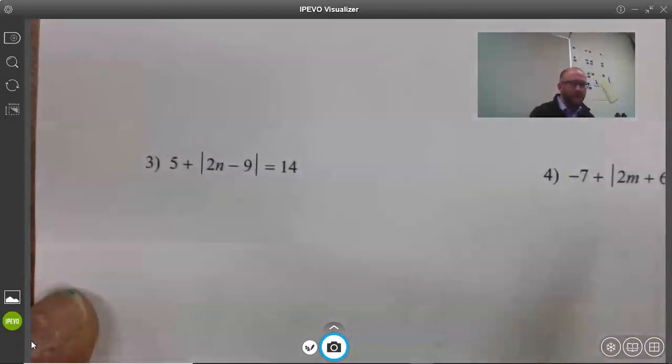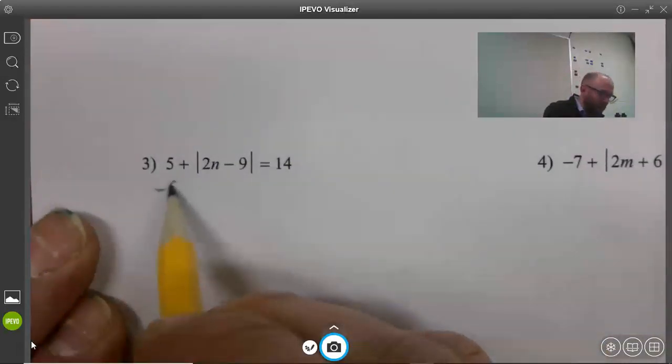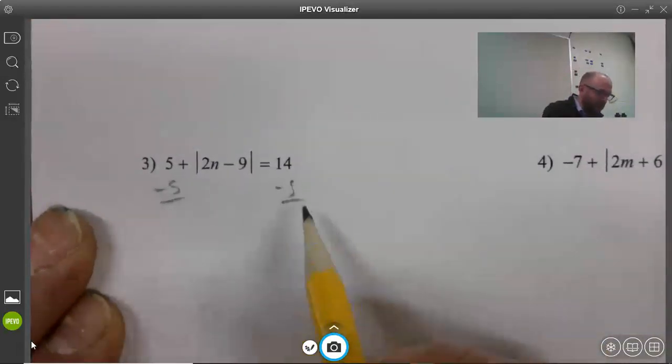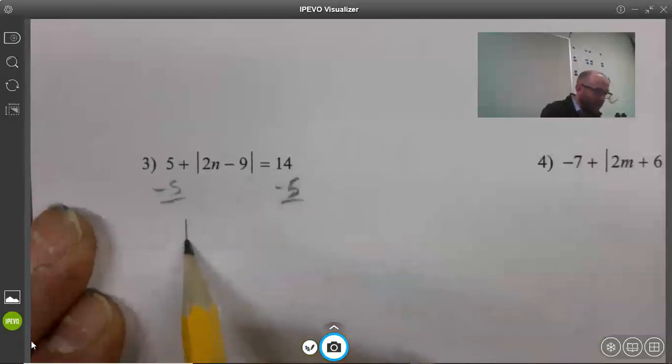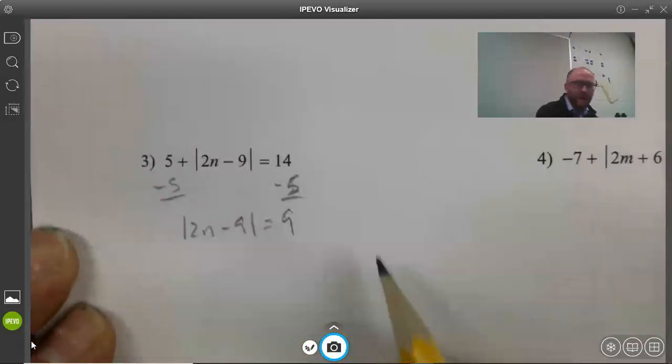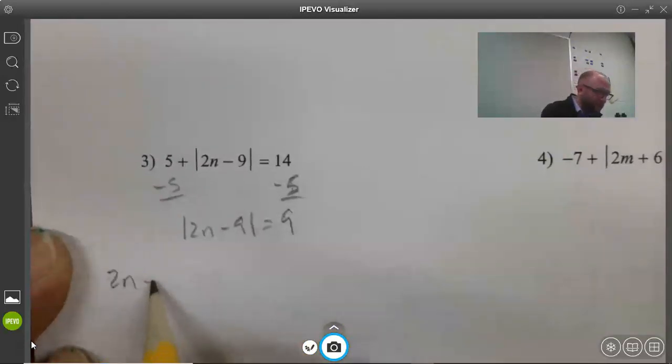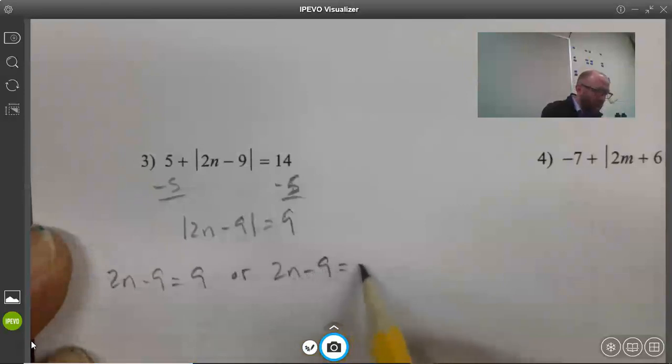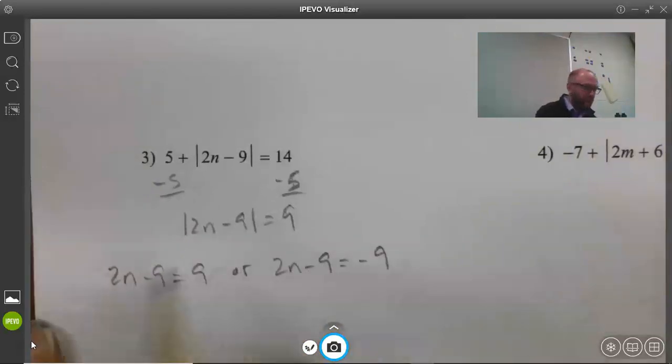Next, I need to get rid of this 5 over here, so I'm going to subtract 5 from both sides. That's going to give me the absolute value of 2n minus 9 equals 9, which means that 2n minus 9 equals 9, or 2n minus 9 equals negative 9.